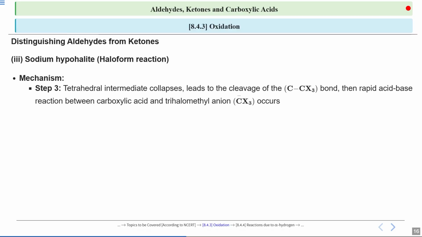Okay, now what will happen in step 3? In this step, the tetrahedral intermediate collapses, which results in the cleavage of the carbon-carbon bond between the carbonyl carbon and the trihalomethyl group. So there will be cleavage of the C–CX3 bond. And this is followed by a rapid acid-base reaction between the newly formed carboxylic acid and the trihalomethyl anion, which is CX3 minus.